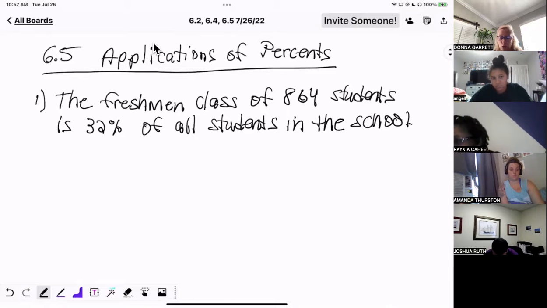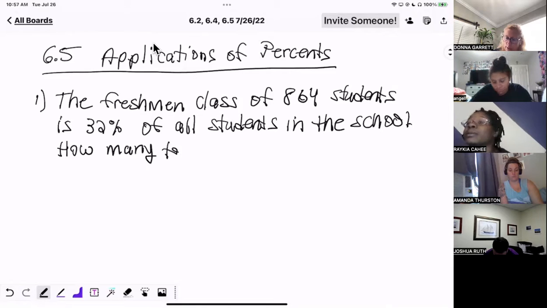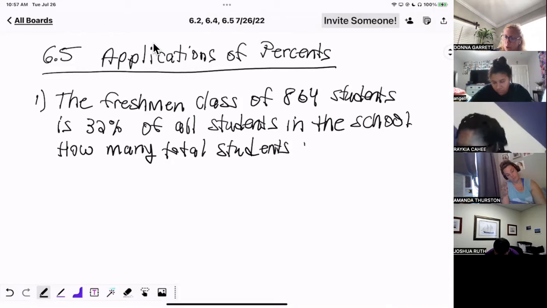So the freshman class alone is 32% of all the students in the school. How many total students are in the school?